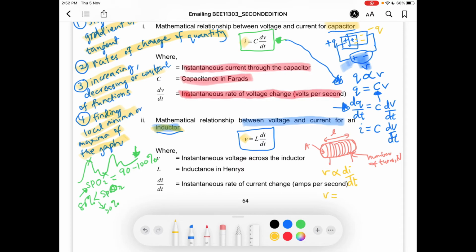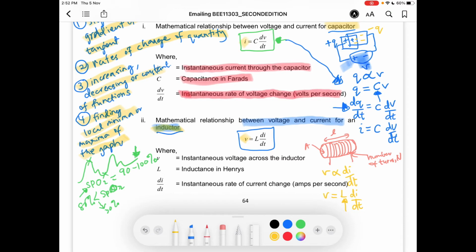So when we make the equation, it becomes V equals L di over dt, where L here is the inductance in henries, or you can say this is the constant of proportionality.